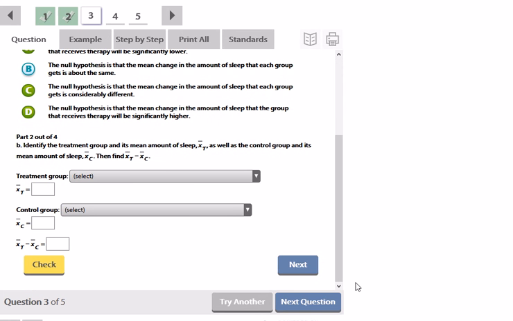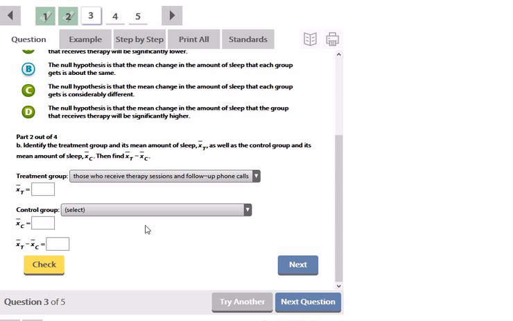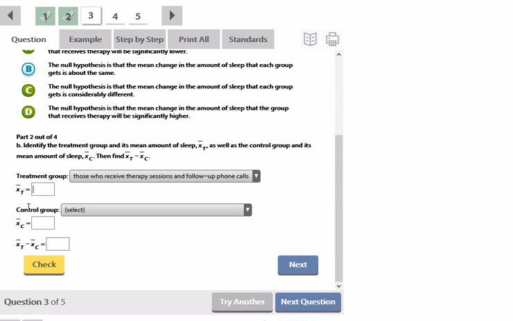Identify the treatment group and its mean, and then the control group. So the treatment group is the ones who are getting the therapy, and that means x-bar means average. So the average amount of change for them was 1.3 hours of sleep. The ones that just got the brochures, their change in sleep, they were getting an extra 0.1 of an hour.